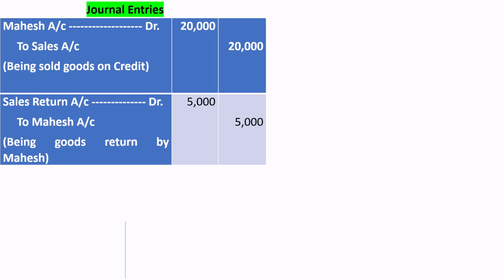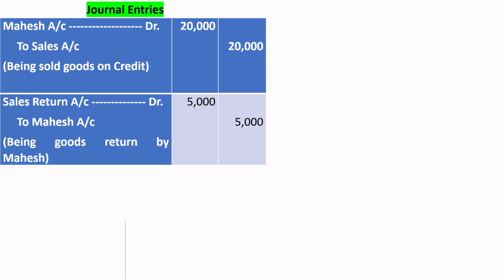Whenever we receive returned goods from customers, the balance of the debtor is reduced. So the journal entry is sales return account debit to Mahesh account. Sales return account is debited because our income is reduced. These entries we have already learned.